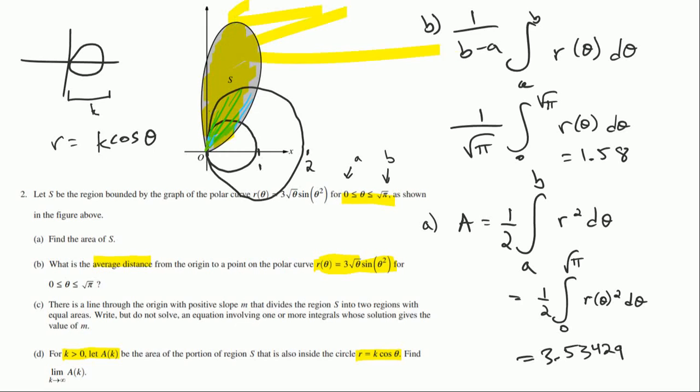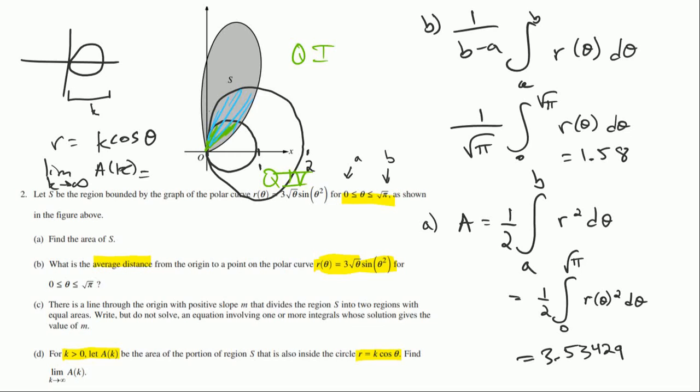Of course, it would also encompass the entirety of this area as well, but we're not going to do that. So it would encompass the entirety of S as long as it's only in quadrant 1, and quadrant 4 as well. So really, this limit as k approaches infinity of A of k looks like it's just going to be this area right here, not this little sliver over here.